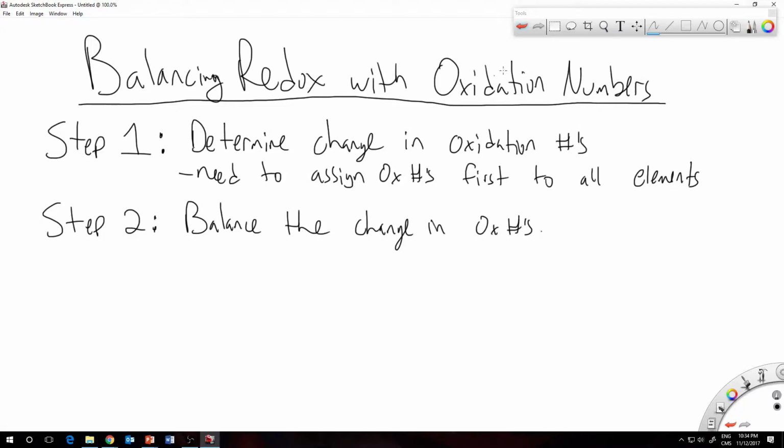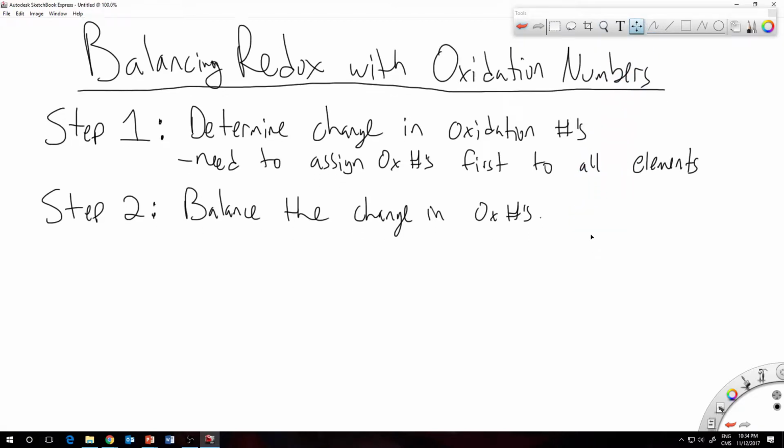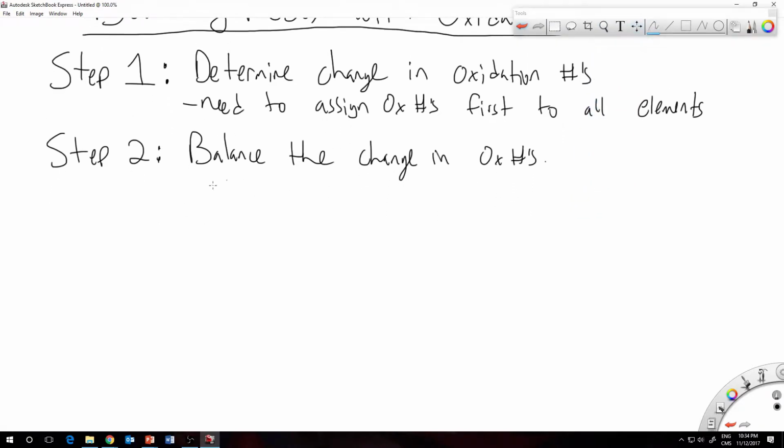However, everything has to be balanced, so any positive change in oxidation numbers must be met with an equal negative change.